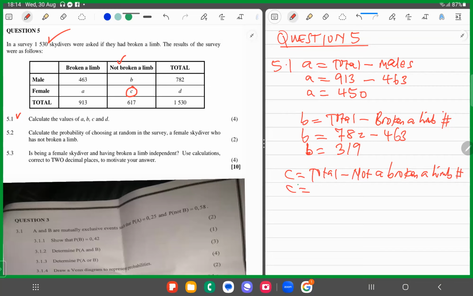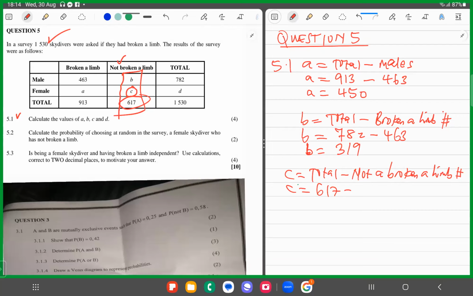What is the total for C? For C, we can consider this column here. The total at the bottom is 617 minus not broken a limb of the males.